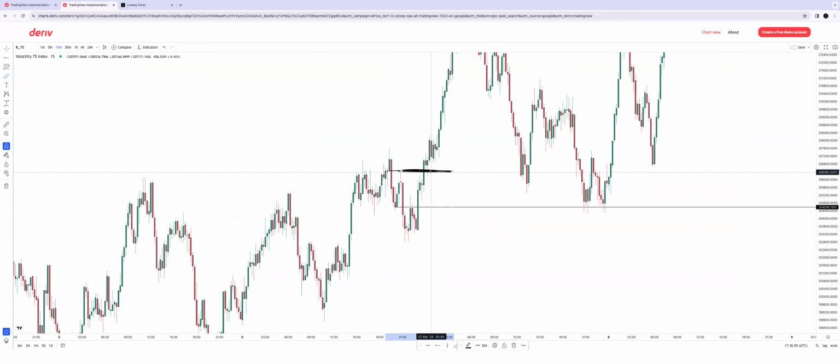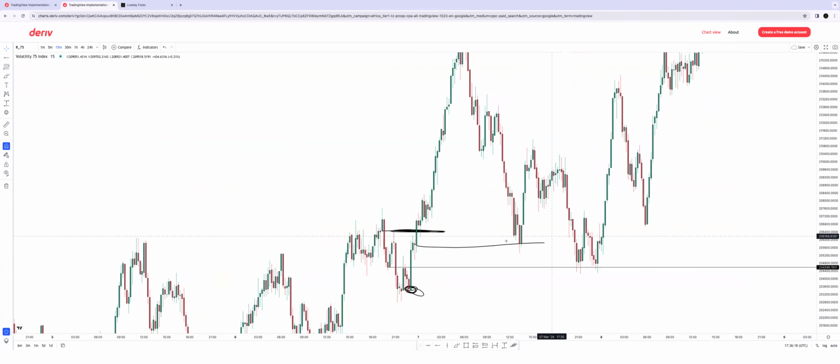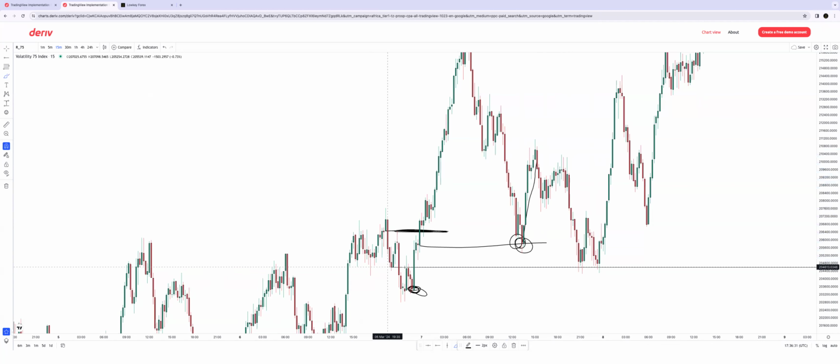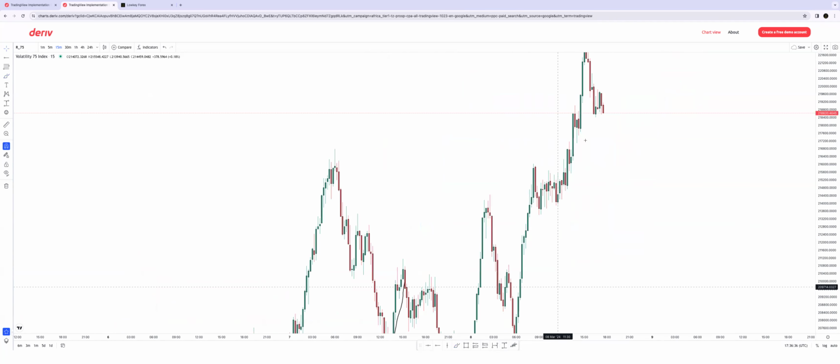So before price came to break our invalidation point, we had our first invalidation X, and we had our second invalidation X right here, whereby price came to respect our second invalidation X, and we had this buy trade. And also price came back to respect our invalidation point right here, and we had this buy trade.